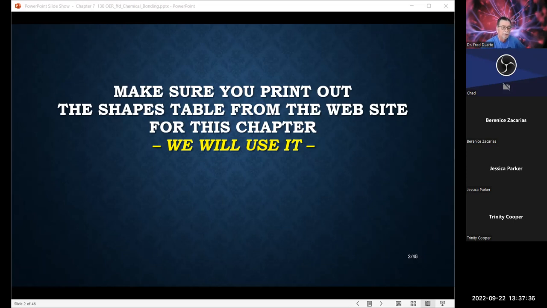I thought I loaded up the shapes table, but let me get it. Okay.